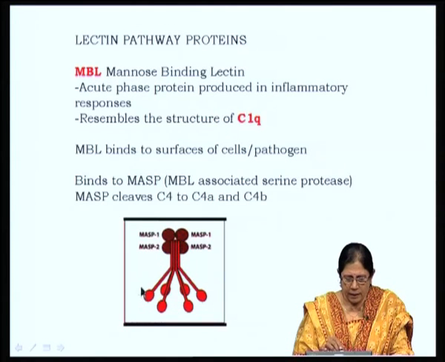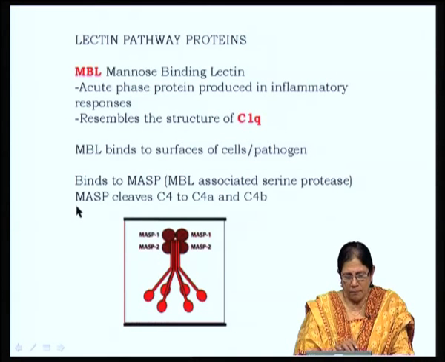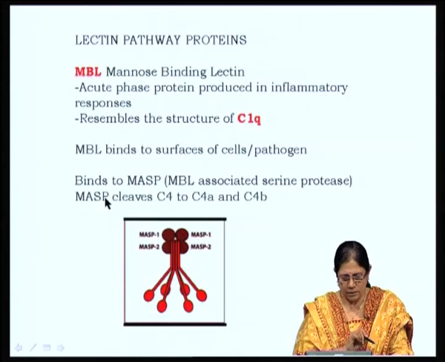The MBL is associated with serine proteases, and there are 4 such subunits, two such MASP1 and 2, which form a tetrameric structure bound to the MBL. MASP is the short form for MBL associated serine proteases.